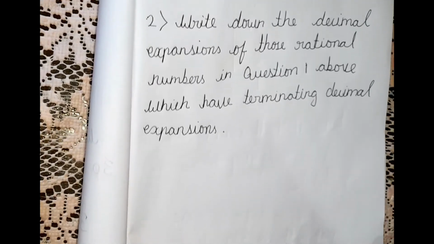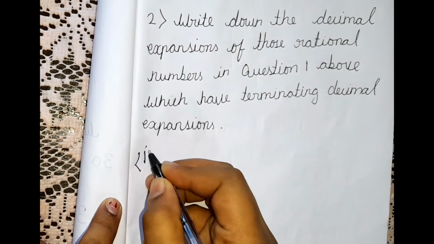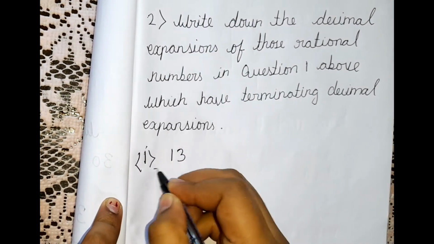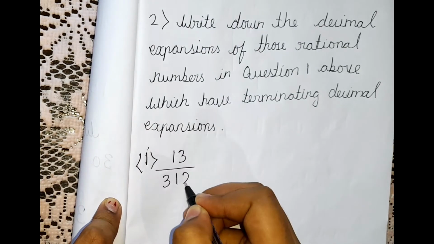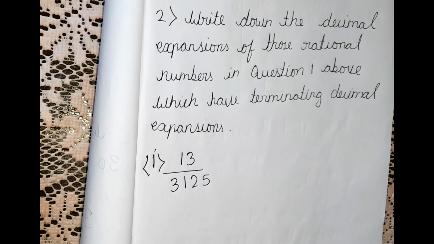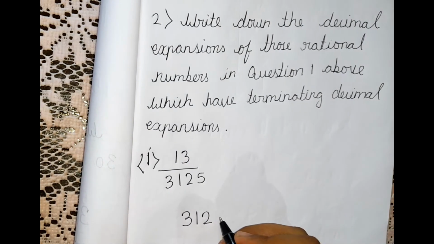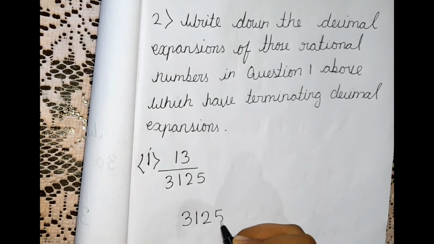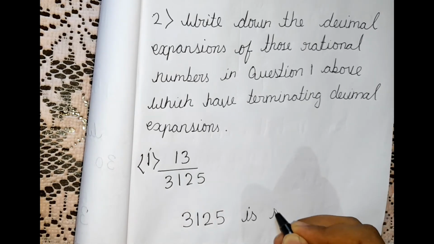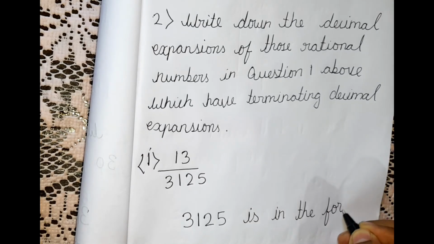As you guys remember, in question number 1 we had 13 by 3125. We proved this as a terminating expansion. So what we are going to do is take the denominator, 3125.